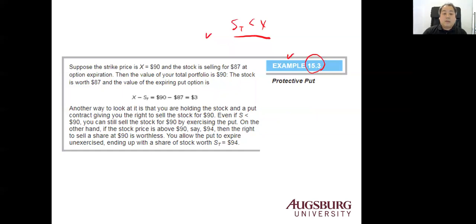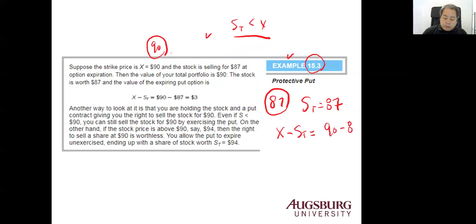The value of the total portfolio should be 90 bucks, because you have the $87 stock, so ST equals 87, but you also have X minus ST from the put option, which is 90 minus 87, which is $3. So the total output should be $90.